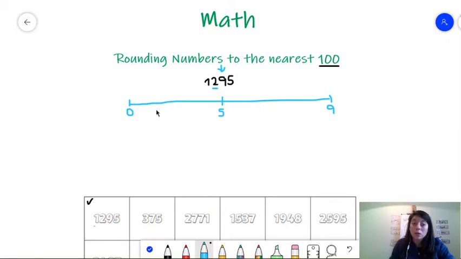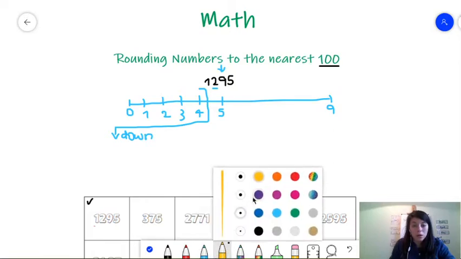And we learned that the numbers 0, 1, 2, 3, and 4 are the numbers that are rounded down. That's the norm that we learned.